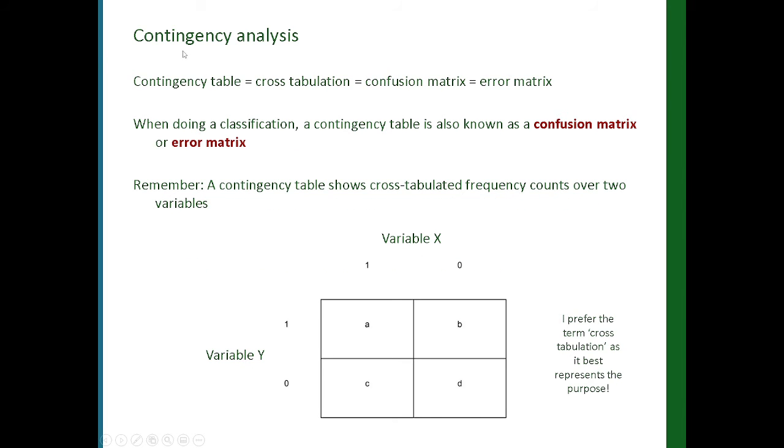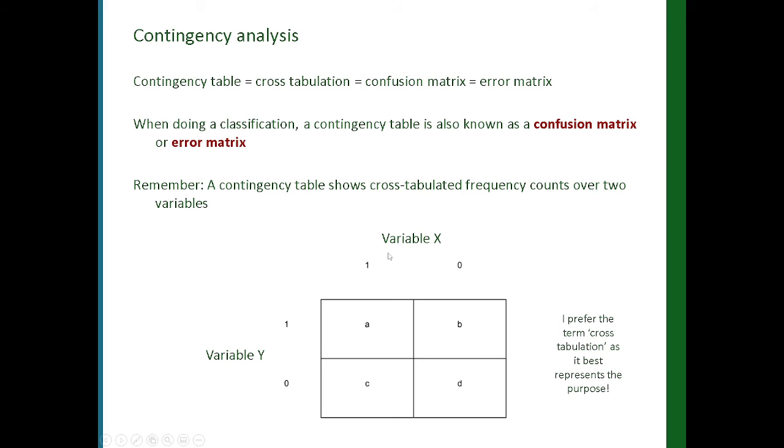You can think of a contingency table as a cross-tabulation, which is probably closest to how you might want to think about this. You could also call it a confusion matrix or an error matrix if you were doing some sort of more fancy statistical learning-based approach, as is common within the machine learning and AI field right now.